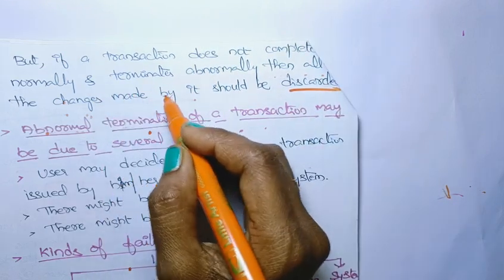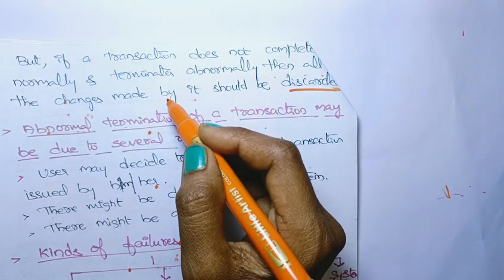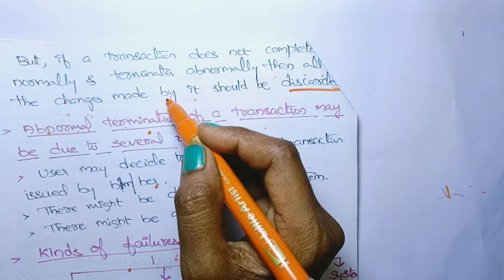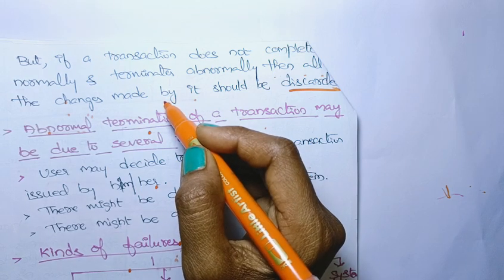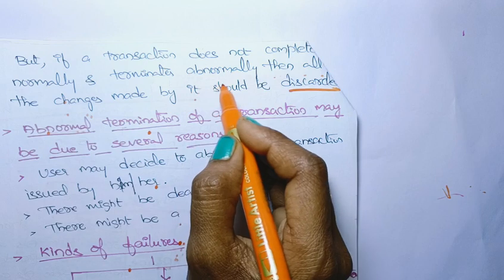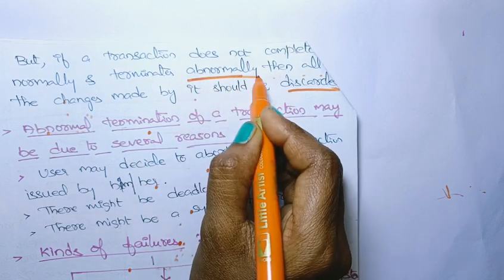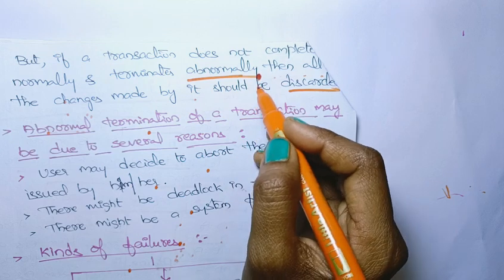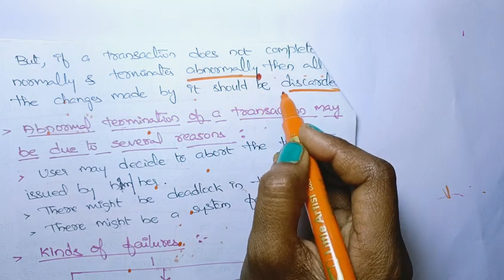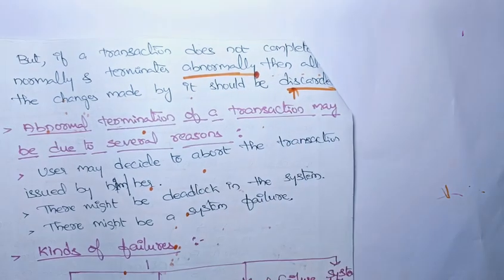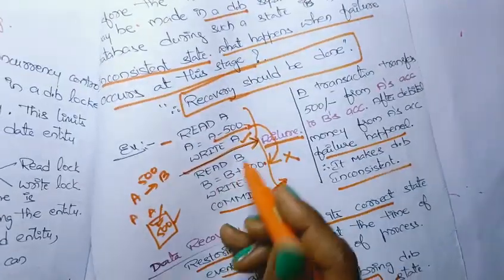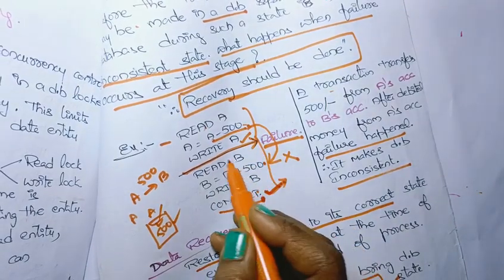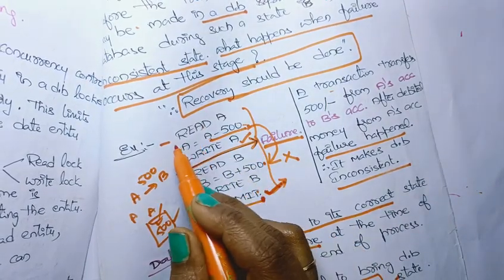If a failure occurs at some operation and the transaction is terminated abnormally, then whatever changes were made will be discarded. For example, here some changes are made. Here the transaction fails abnormally, then whatever changes were made should be rolled back.